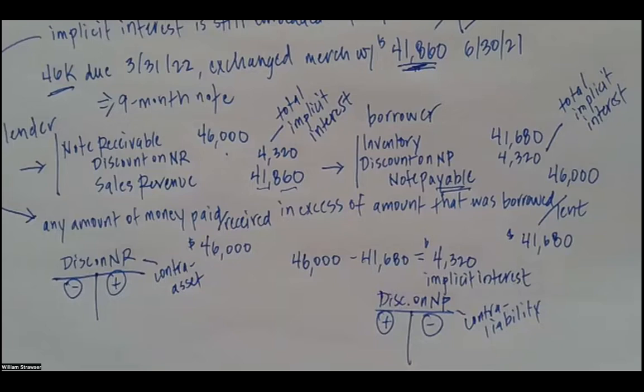So when we record this, this problem throws in a slight wrench because it's a 9-month note. There's two ways to really think of it. You could calculate the annual interest rate and then record it for the appropriate number of months, which is a little bit overkill.